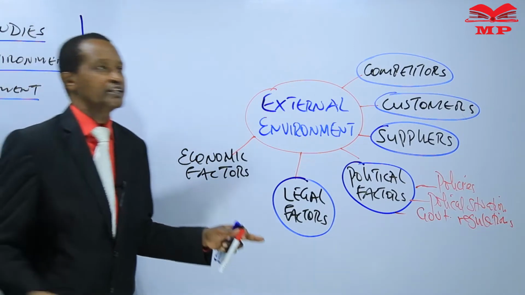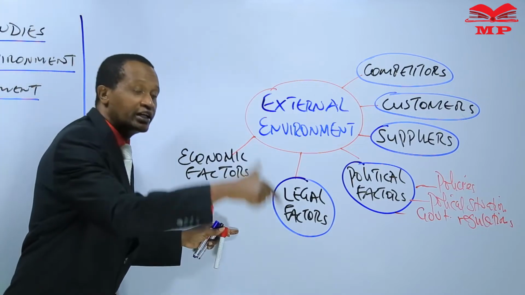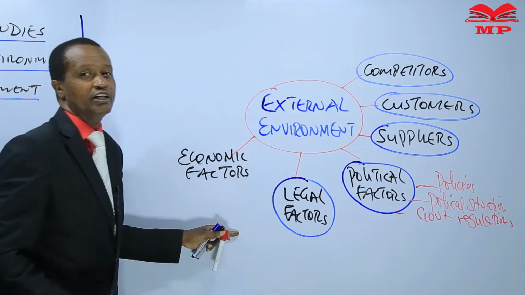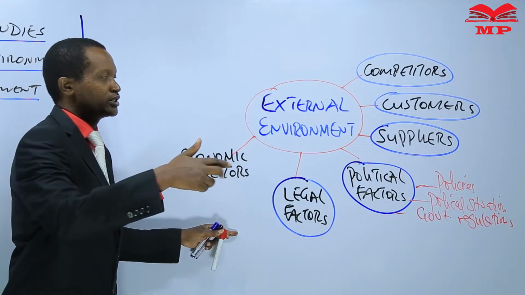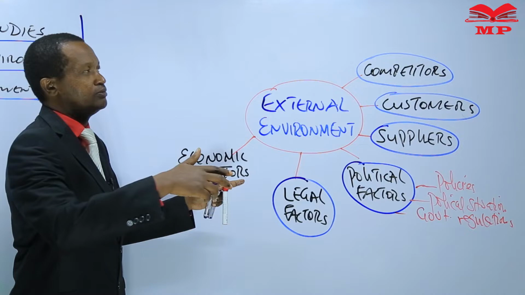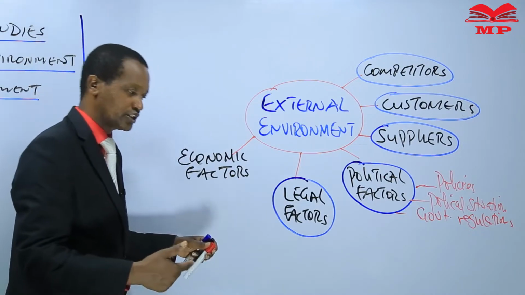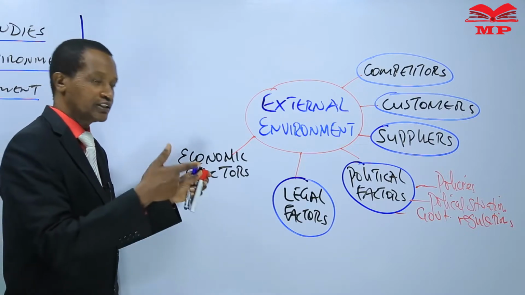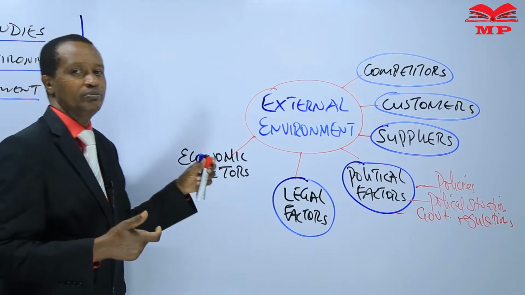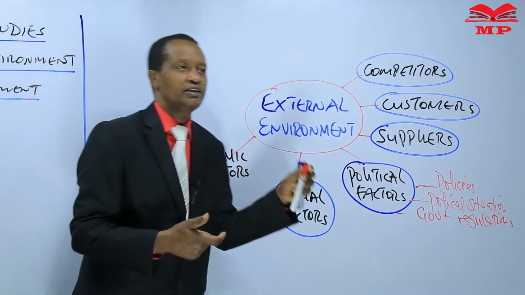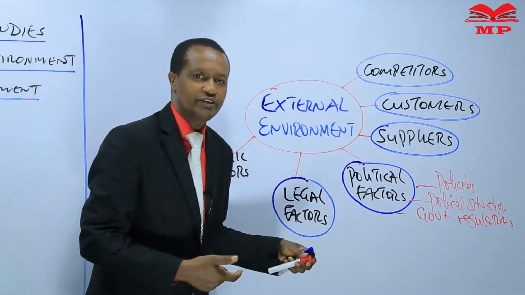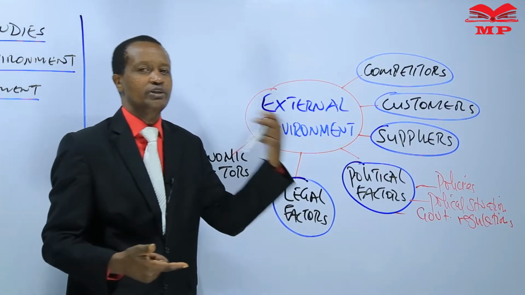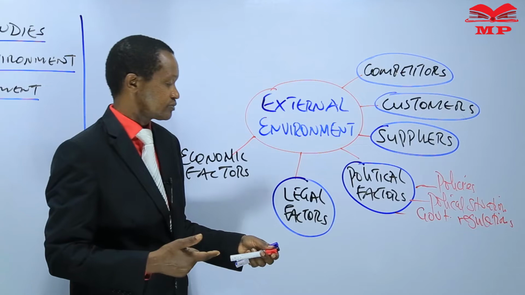So business activities in an economy may also be affected by the availability of such projects or infrastructure that is put in place by the government. Okay? Business activities in the economy may be affected by government investments in projects like roads, railways, communication, and so on.